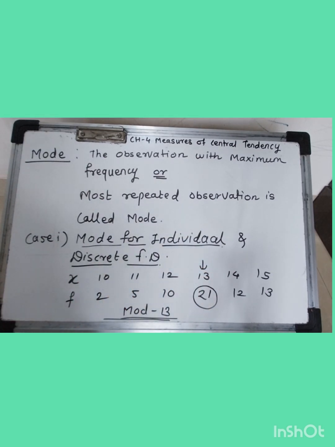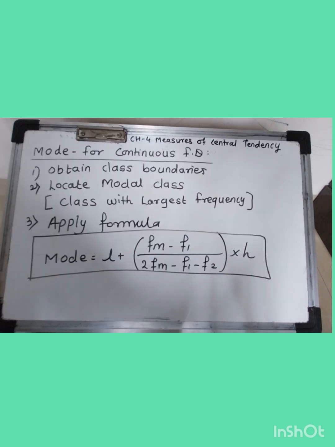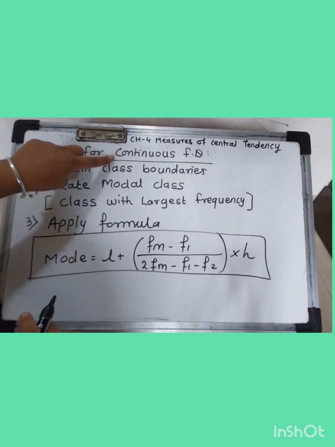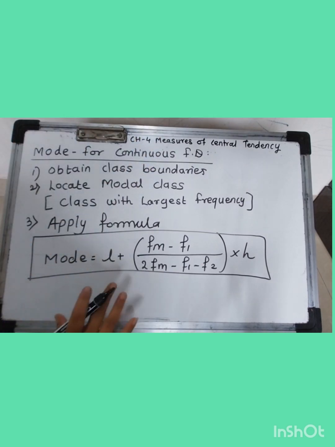Now the second case, for the continuous frequency distribution. As usual, we already studied these cases in mean and median. The data is the same, only the methods are different.